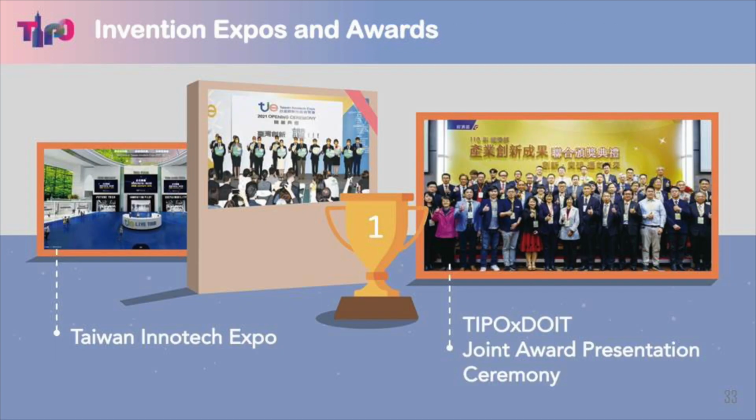In order to encourage more creativity and interaction with industry, we hold the innovation expo every year. And we call it Taiwan Innotech Expo. We also co-host a joint award ceremony with the Department of Industrial Technology every year.